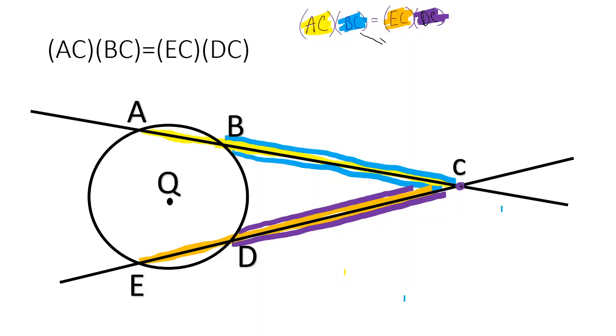If we divided by BC and DC, we could get AC over DC equals EC over BC. Let me make it a little clearer as to what I did here. I took the second part of each and I divided them across. Now you can see how it sets up this proportion. It doesn't matter if you use the multiplication side or the traditional proportion that we see here.